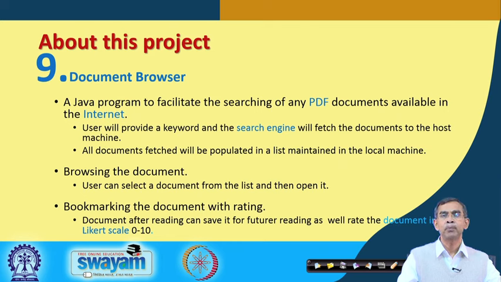We are proposing that if the user likes a document very much, he can give 10 points, and if he does not like it at all, then 0 points. So, on a Likert scale of 0 to 10, a document can be rated, and this rating can be maintained in the document itself, and the user can save this document for further reading in future. The document will be stored with this rating and everything. These are the things that your document browser will facilitate to the user.